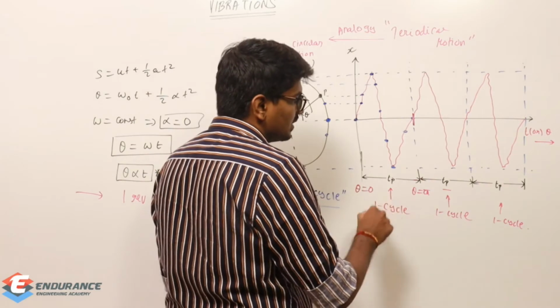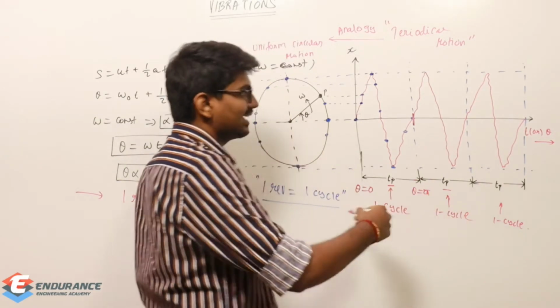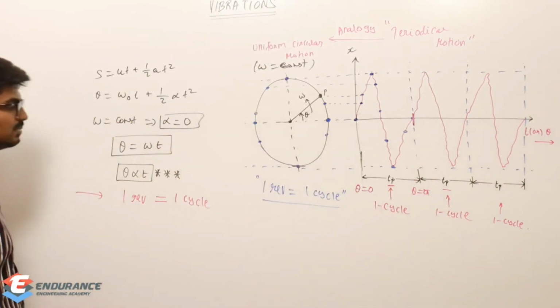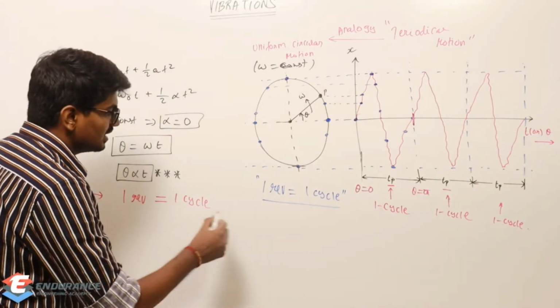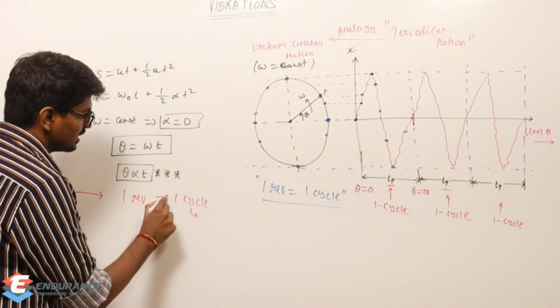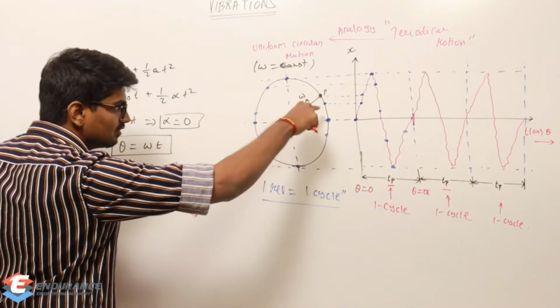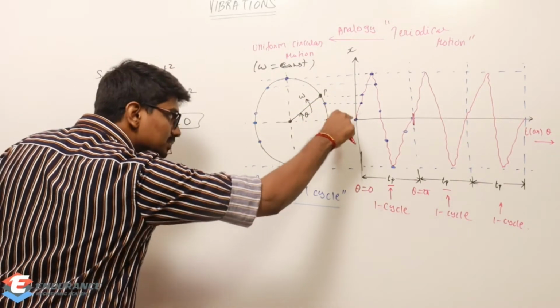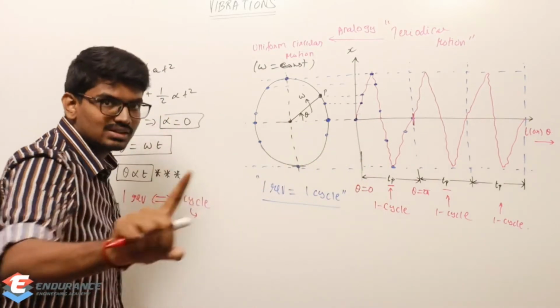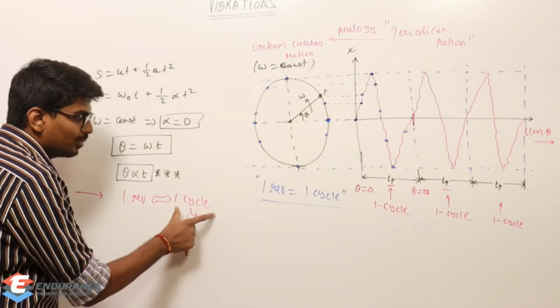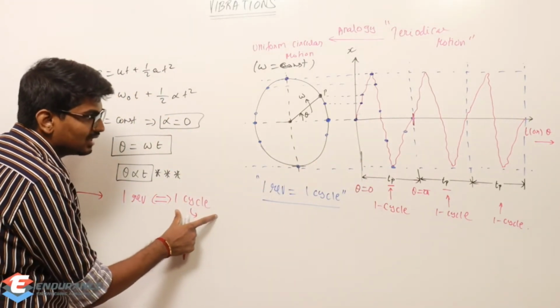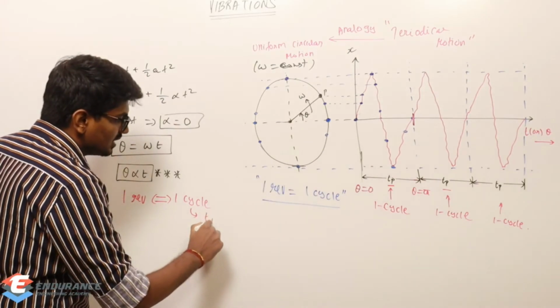Time period. The time period taken to cover it was Tp, right? One cycle means the time period. It's equivalent: when this particle covers 1 revolution, my particle in the periodical motion covers 1 cycle. So how much time is it taking to cover 1 cycle? It is taking Tp time.